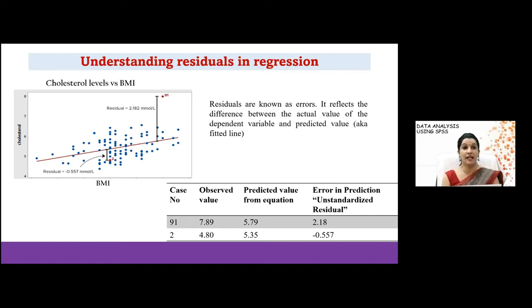You have to give a command, best fitted line, and then the software gives you that line. Actually, this you don't have to do. All this calculation, the software, SPSS, does it in the background. It is just to make you understand. Otherwise, these things you don't have to do.